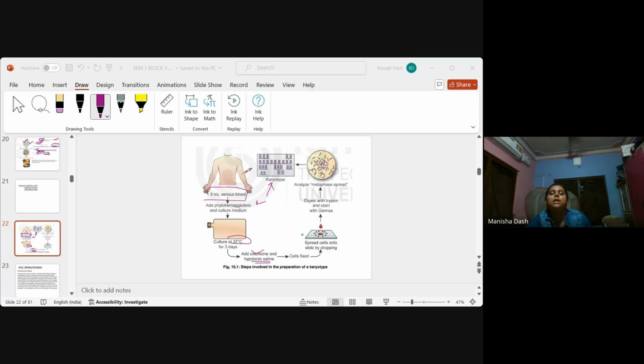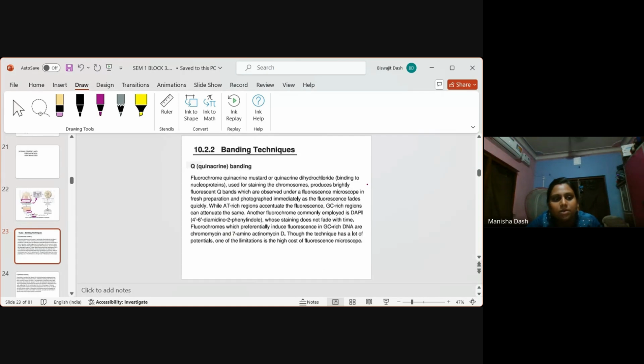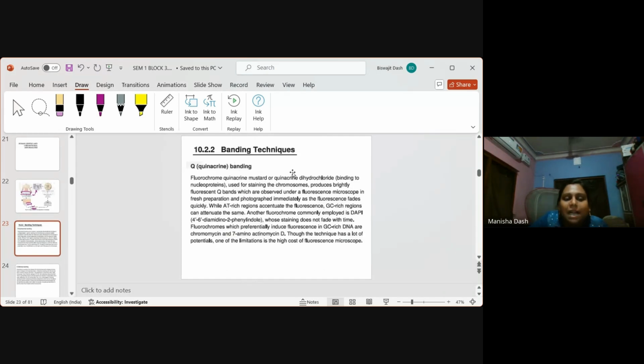By looking into the karyotype, you can easily find out if there are any structural abnormalities, like a deletion, an inversion or a duplication of the chromosome. Then there are other techniques also, including the banding techniques.